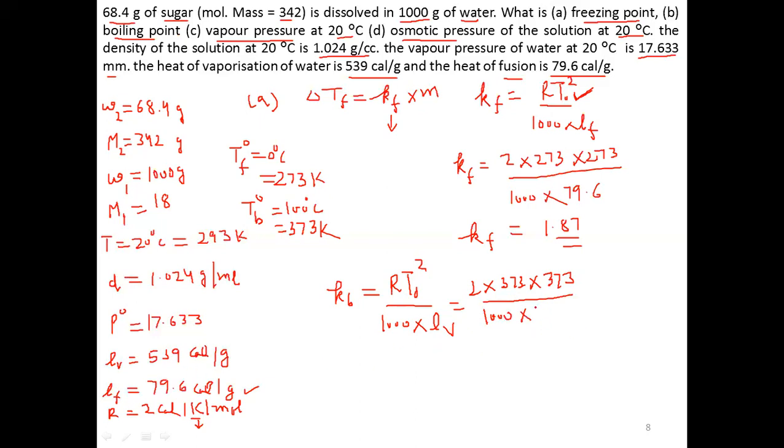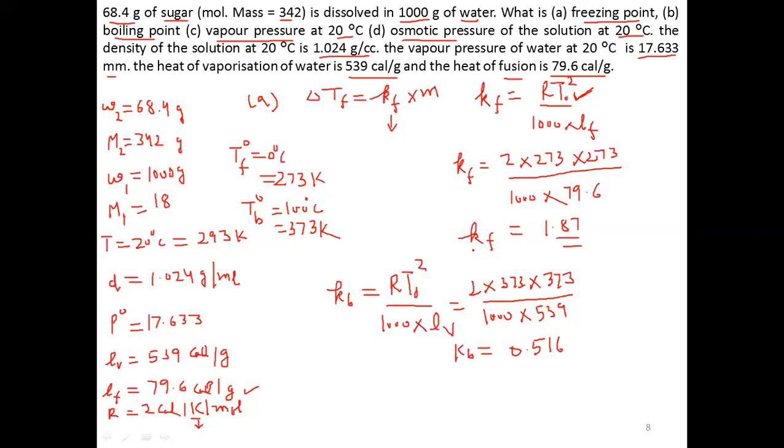LV is 539. So let us see its value. 2 into 373 into 373 divided by 539 divided by 1000, it is 0.516. So this is KB.